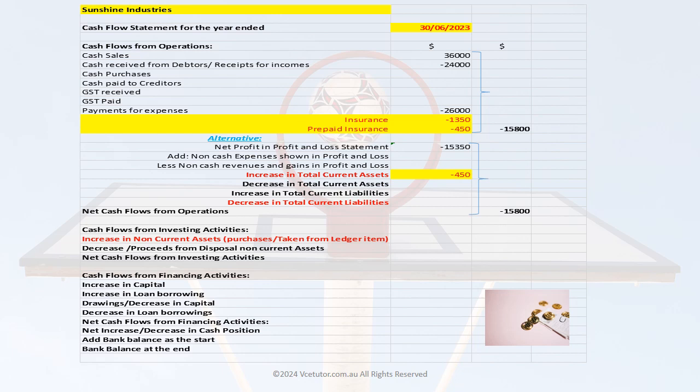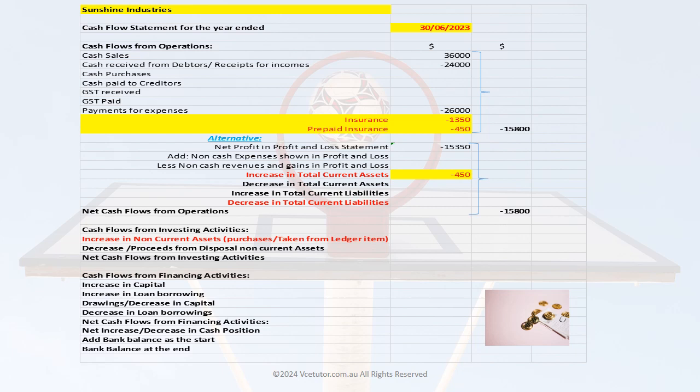But in my example, I have taken an increase in debtors. So we didn't get the cash from debtors. We have 24,000 yet to be received out of the total sales of 36,000. Cash purchases, we are paying the money out.